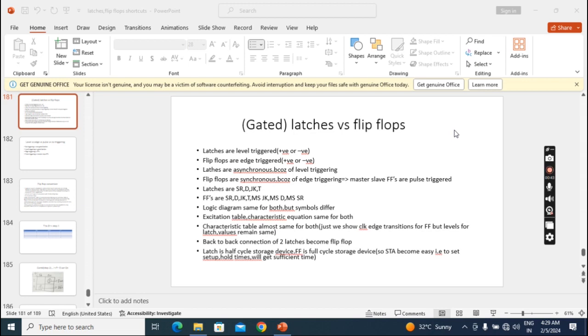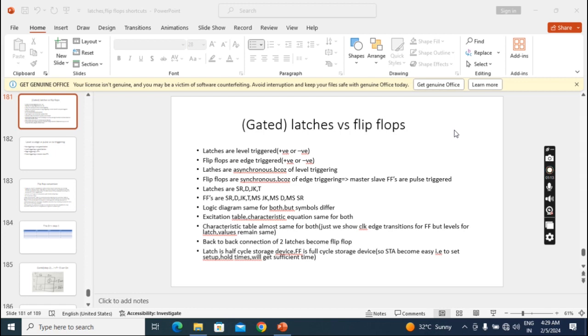If we take latch categories, SR, D, JK, T will come. But if we take flip-flops, there is SR, D, JK, T, master slave JK, master slave D, and master slave SR. Okay. If we take logic diagrams, same for both latches and flip-flops. But if we take a symbolic representation, it will differ. In the flip-flops, we will get a triangle symbol.